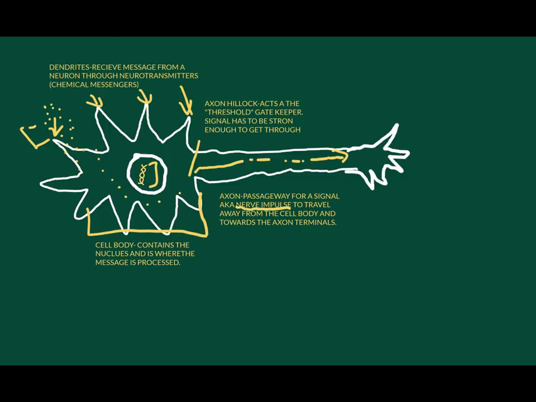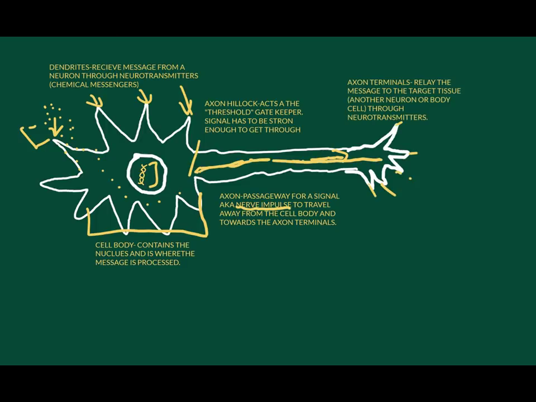So the message, this nerve impulse, goes from the cell body to the axon hillock, down the axon, and eventually it's going to make its way to the very end of the neuron, to these little kind of feet or fingers, and these are known as the axon terminal.